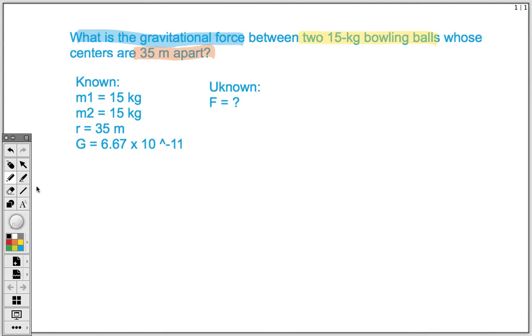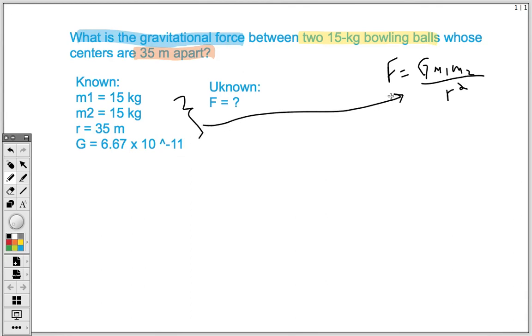We want to have that equation with us. So once again, our force is our capital G times the mass of our first object multiplied by the mass of our second object, all over our radius squared. Our goal here is to plug all of these values into our equation.